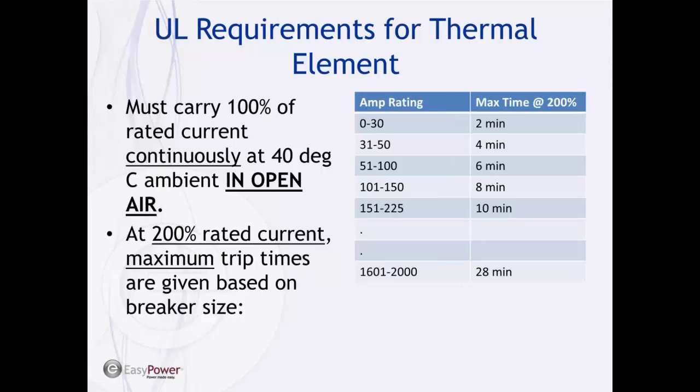That time increases as the breaker rating increases, just due to the bigger mass of the thermal elements. Eventually when I get up to a 100 amp breaker, it's 6 minutes. When I get up to a 2000 amp breaker, it's 28 minutes. So that's the basic UL requirement that every breaker that has a UL label has to meet.